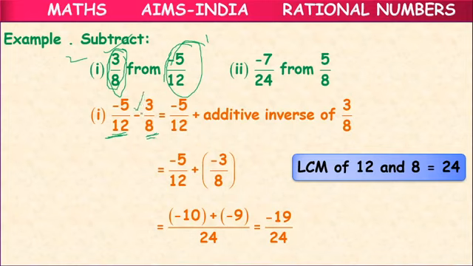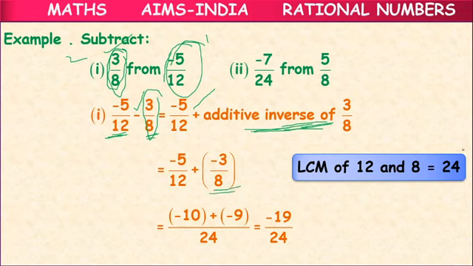Subtraction they have told, so we keep the minus symbol. But subtraction can be written as addition, so we are writing plus here. If we write addition, the additive inverse of the second rational number is to be taken. That's why we have taken minus 3 by 8.